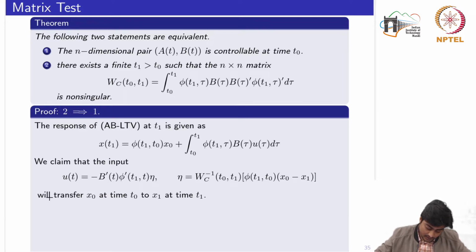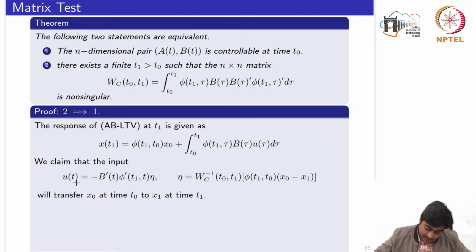Now this result is a bit broader in the sense that we want to transfer x0 at time t0 to x1 at time t1, right? So here either of them could be 0, because we have already seen that in the continuous time case both these definitions, reachability and controllability, coincide.